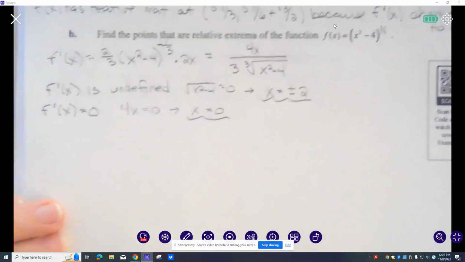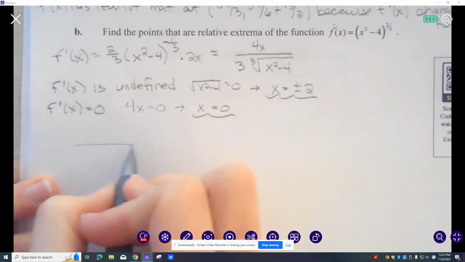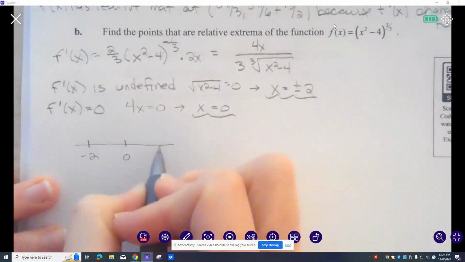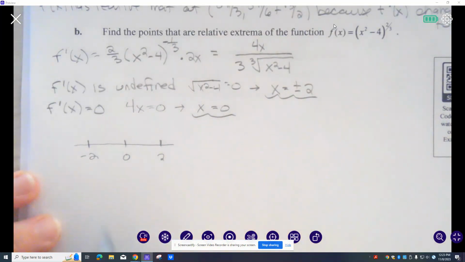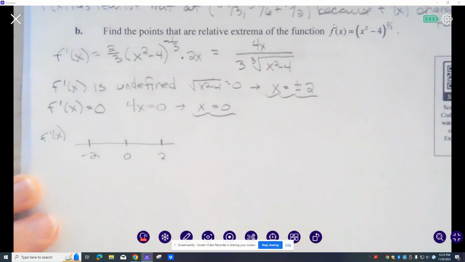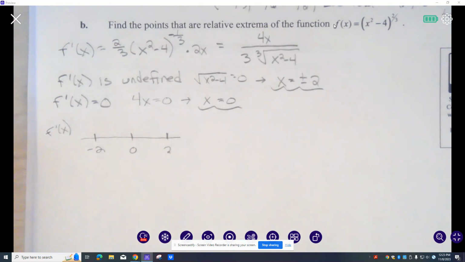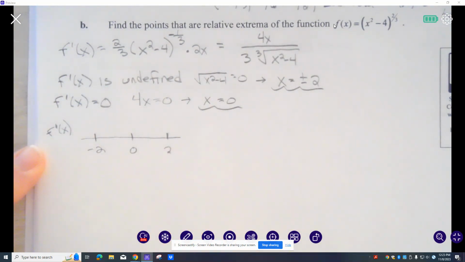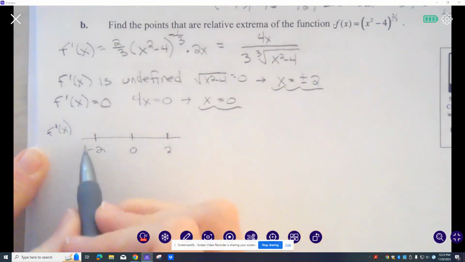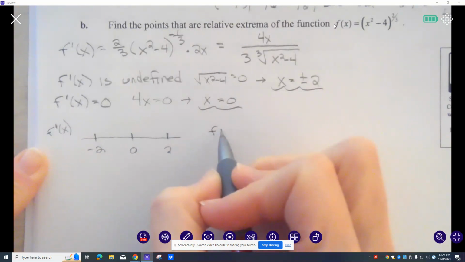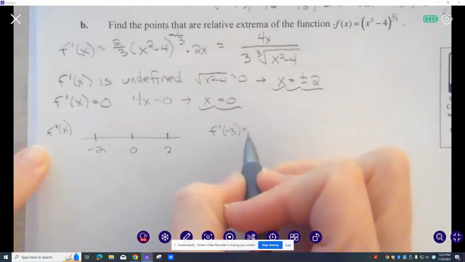So I want to do my sign chart with -2, 0, +2. And then remember, I'm checking the sign of f of x. No, sorry, f prime of x, derivative. So you would have some work here. If I pick a number over here to the left, I would, for example, find what the derivative is at -3.